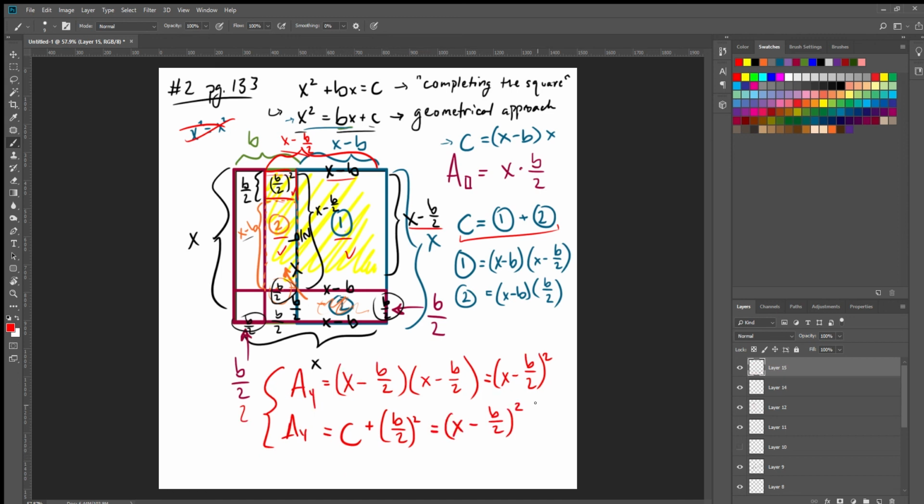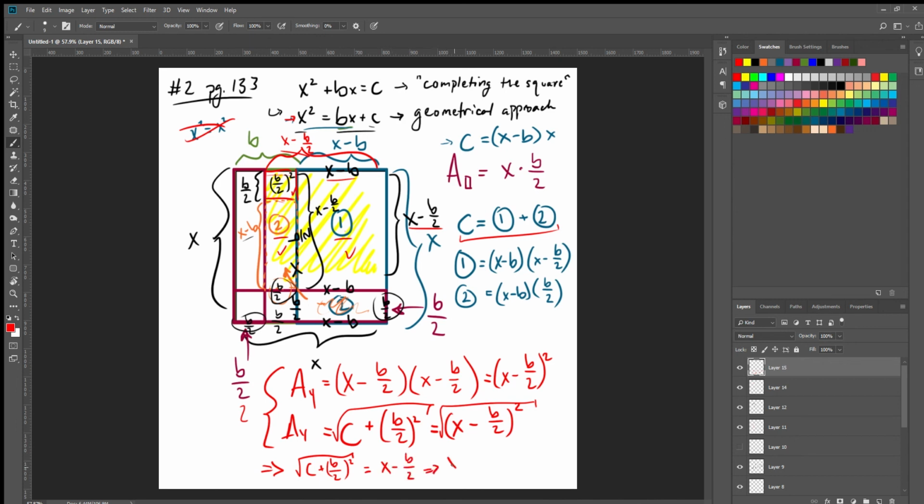If we set them equal to each other, let's solve for x. So we have 1x now. We're not working with an x squared like we did at the beginning. So let's solve for x. If we take the square root of both sides, we will get the square root of c plus b over 2 squared equals x minus b over 2.